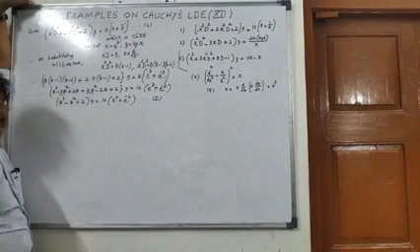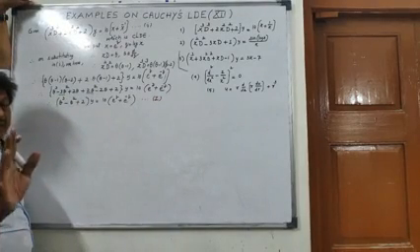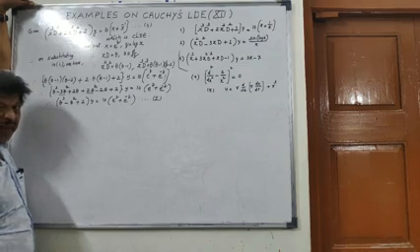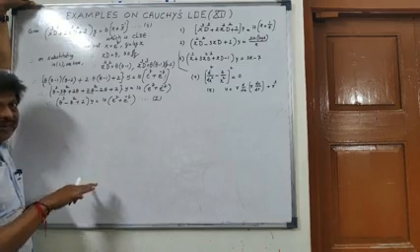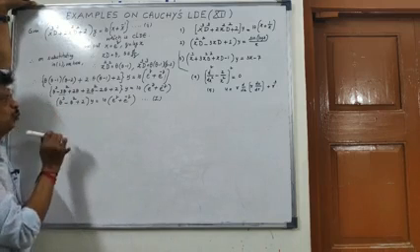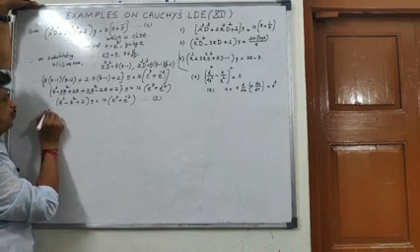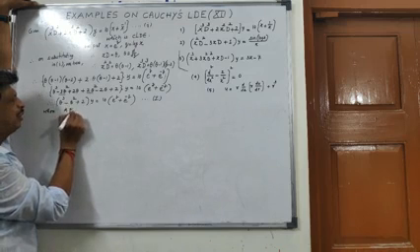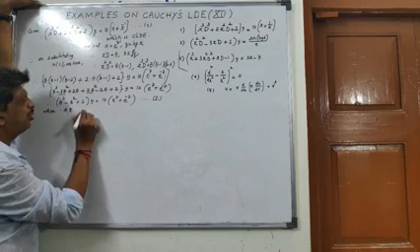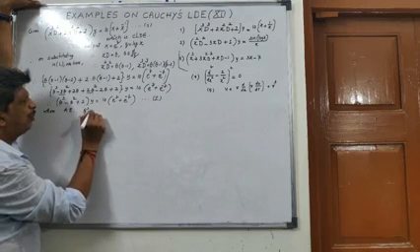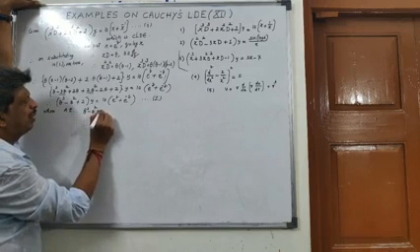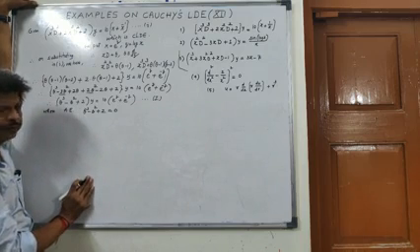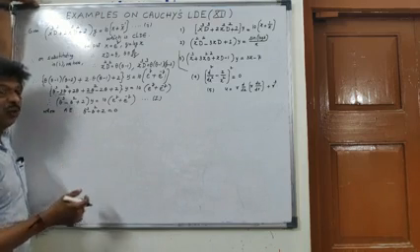This equation is nothing but the linear differential equation with constant coefficients in theta, where theta is d by dz, whose auxiliary equation is f of theta equal to 0: theta cube minus theta square plus 2 equal to 0. This is a cubic equation. It has 3 roots.